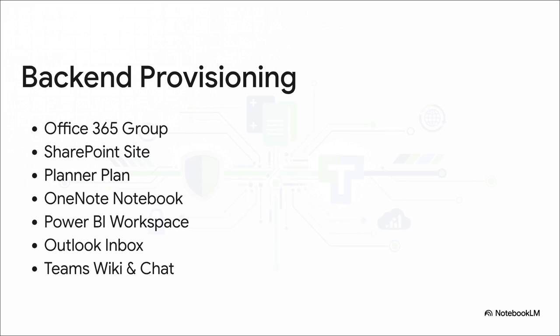Boom! They just spun up an Office 365 group, a dedicated SharePoint document library, a shared Exchange mailbox, a Planner plan, a OneNote notebook, and even a Power BI workspace. Without strict governance policies in place, every single user in your tenant is effectively acting as an unchecked infrastructure administrator. And that is a compliance nightmare just waiting to happen.